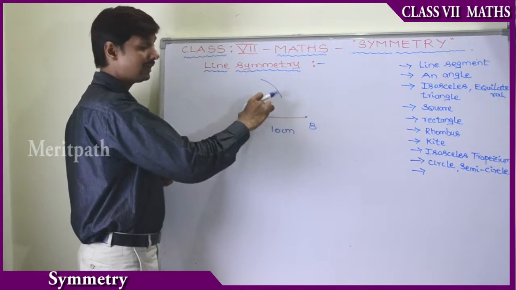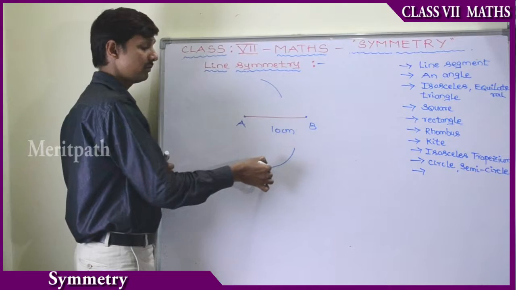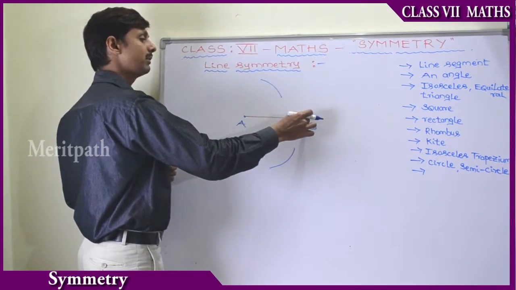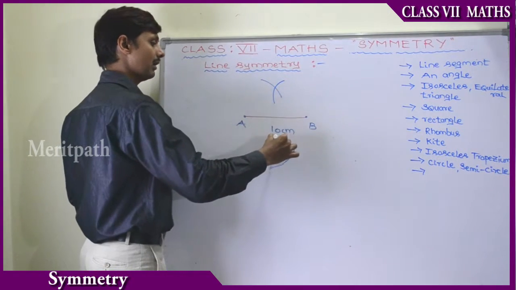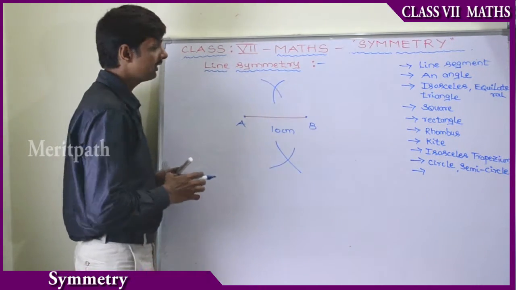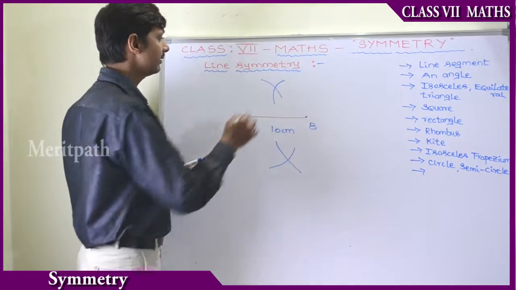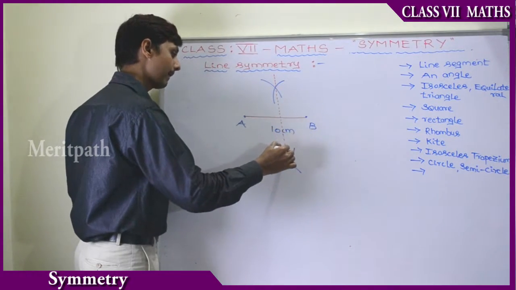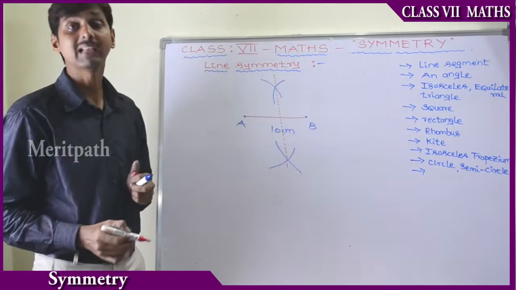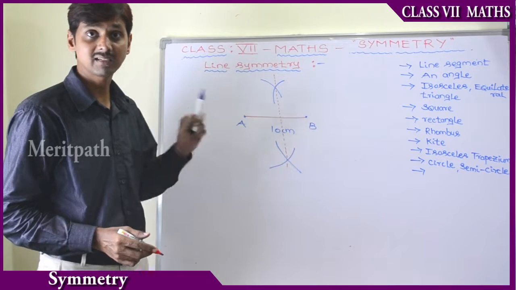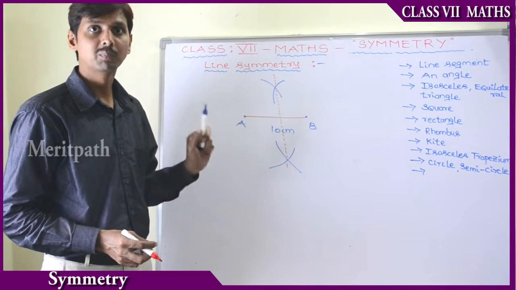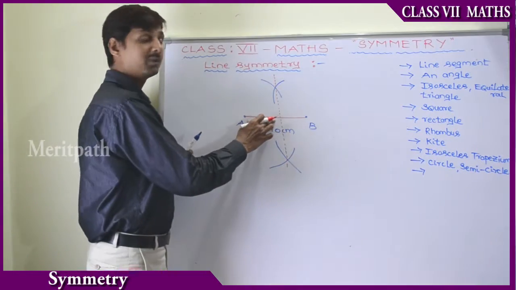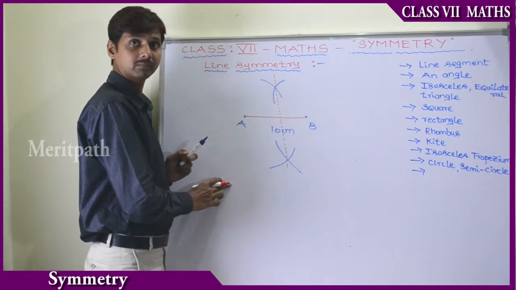Using A, make another arc down below the line segment. Now use the point B to cut this arc and this arc. So we get two arcs, and we join these two arcs with a line segment. This is nothing but the perpendicular bisector. We have already learned this in constructions.